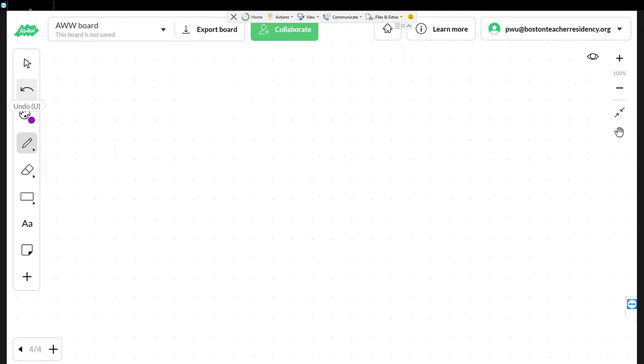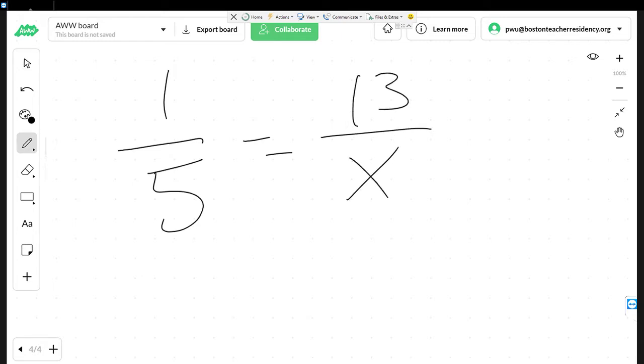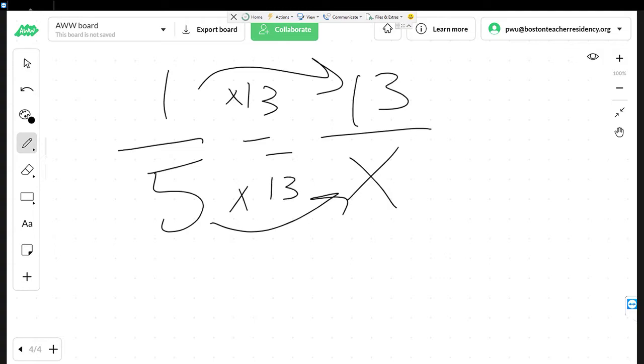1/5 equals 13 out of x. Well, now we can see that 1 can go to 13 easily. 1 times 13 is 13. So we have to do the same thing on our denominator. If you don't know what 5 times 13 is off the top of your head, you can always do it out. 5 times 3 is 15.